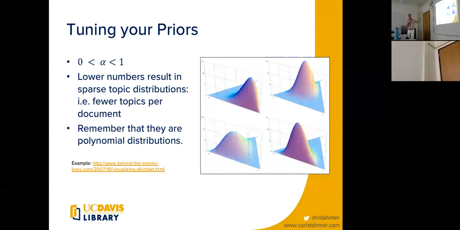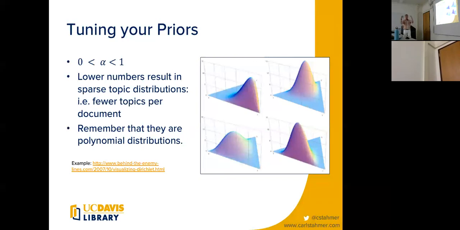So here's some tuning, some general points, and I'm going to try to rapidly show this a little bit too. Let's talk about alpha up here, right? It needs to be a number between 0 and 1. Lower numbers will result in more, this is kind of what we were talking about.